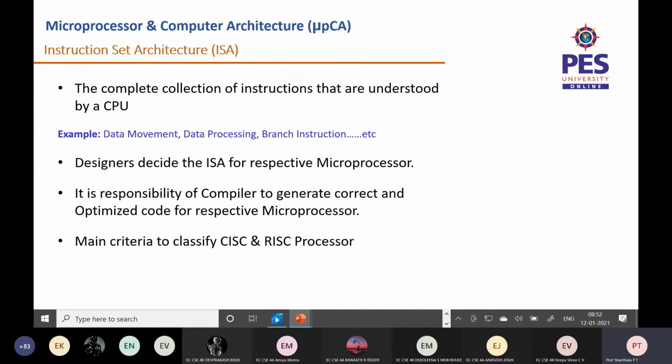If we discuss a different microprocessor, the instruction set may be different. We can understand it, but how some instructions are expressed can be different. We'll see with examples what the differences are between the sets of instructions used in CISC as well as RISC. So the designer should decide the ISA, the instruction set architecture, for the respective microprocessor. This is the main criterion to classify CISC and RISC processors.